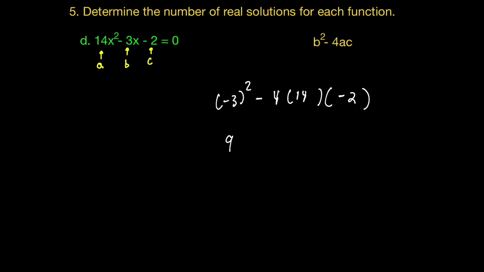We're going to subtract, well actually, we have a negative times a negative, so we're going to get positive right here. And then I'm going to do 4 times 2, which is 8. And then 8 times 14 is going to give me 112. And 9 plus 112 is going to give me 121. The discriminant here is positive, and this is bigger than 0. So here we're going to get 2 real solutions.